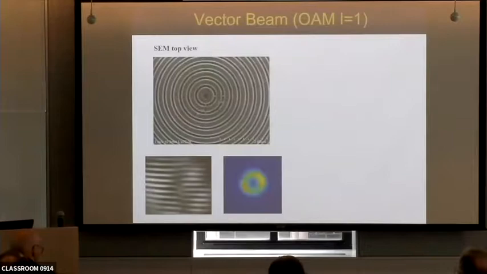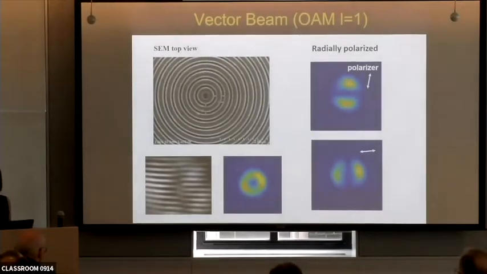And we can also change it to, for example, in this case, a fun case: if you look at the polarization, that's a good cavity radially. So that actually gives us a vector beam that's polarized radially. So you can make a laser that produces vector beams.